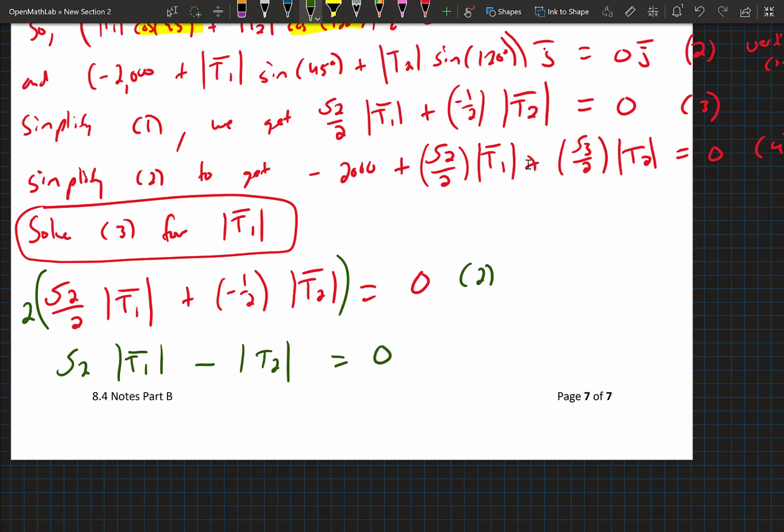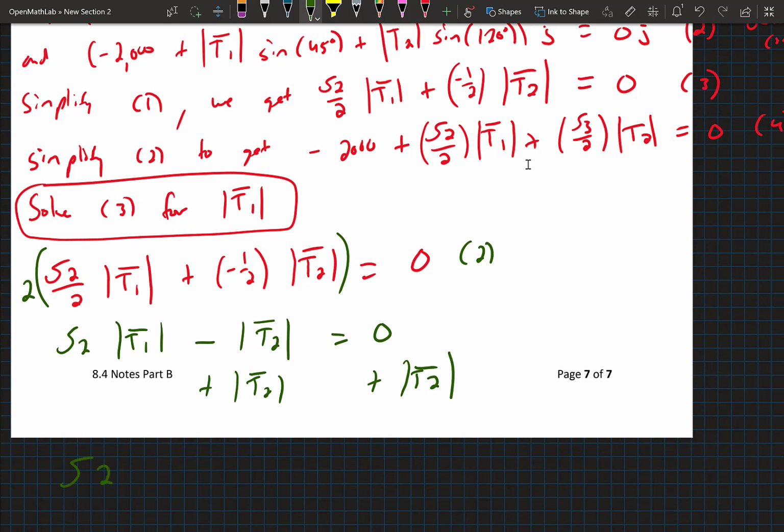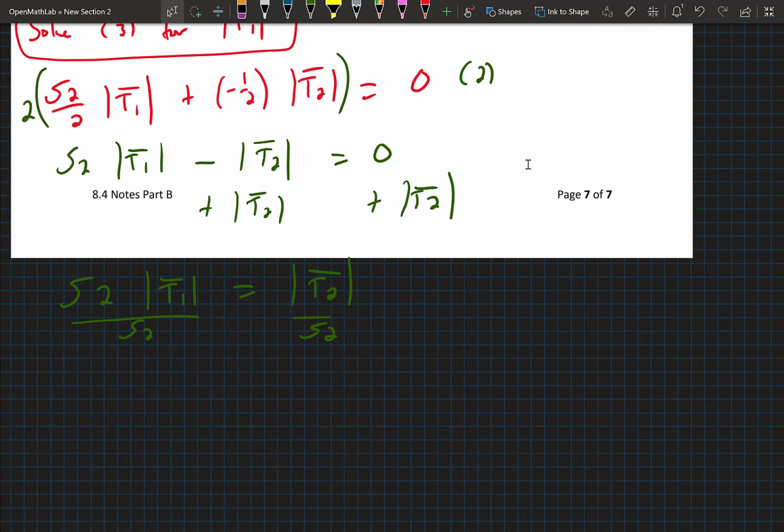And then I can add the magnitude of T2 to both sides to get radical 2 times the magnitude of T1 equals the magnitude of T2. And then divide both sides by radical 2. And that gets me the magnitude of T1 equals the magnitude of T2 times 1 divided by radical 2.